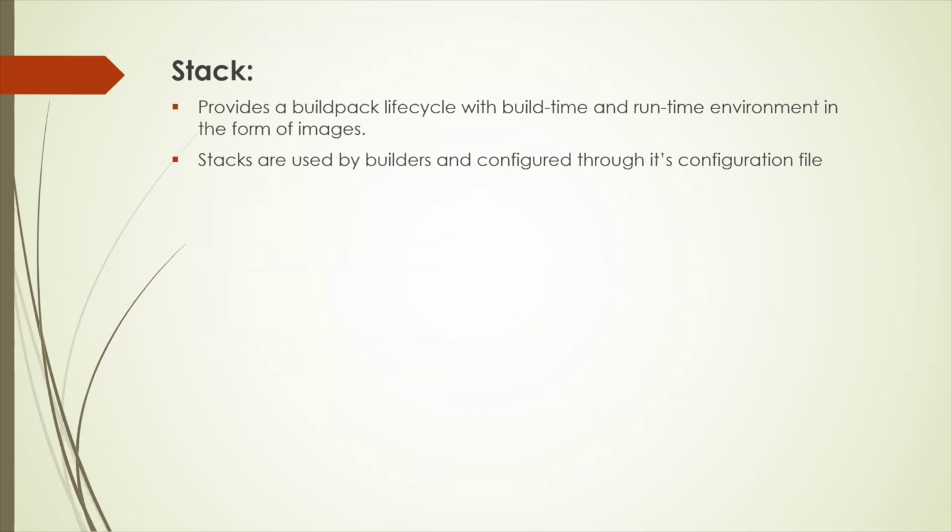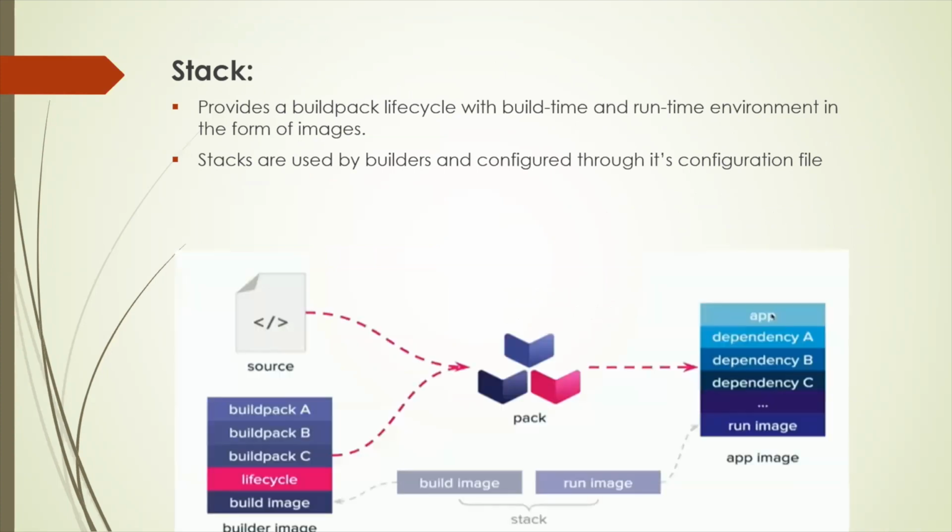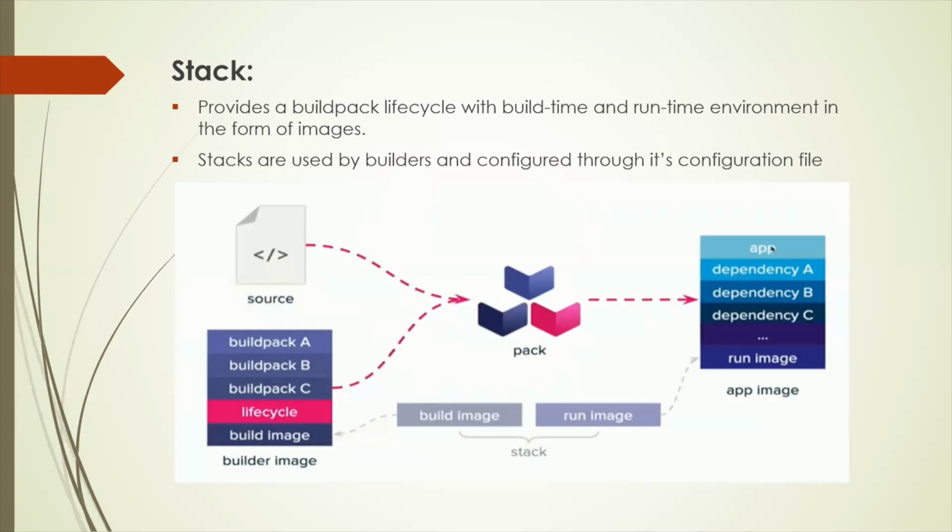Then next is the stack. The stack forms the core of creating this whole Buildpack lifecycle logic. It comprises a build image and a run image. It provides the build image, and when the source comes along with that build image, the final app image gets created. So the execution environment which was running with the build image gets replaced with the run image, which is again provided from the stack.